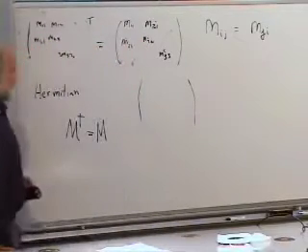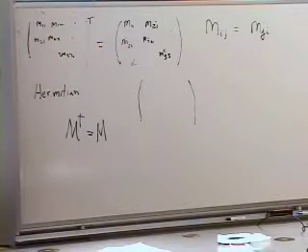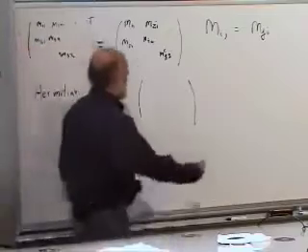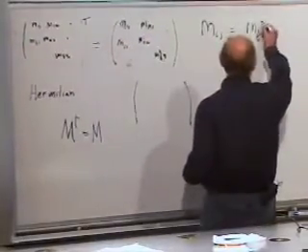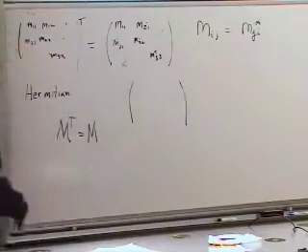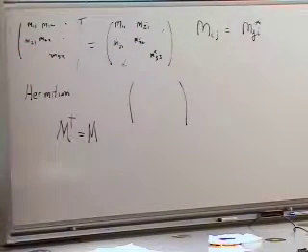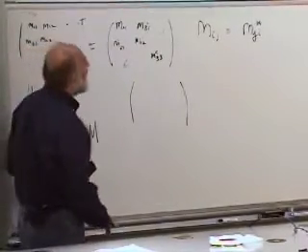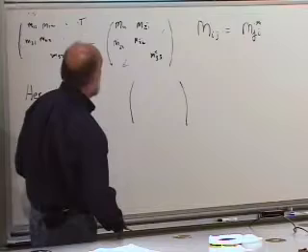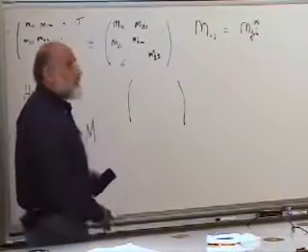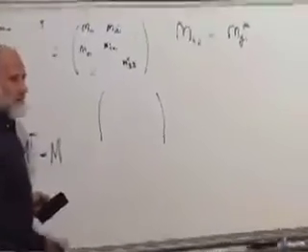There's the formula for it right here: Mij is Mji complex conjugate. I think it's written correctly.